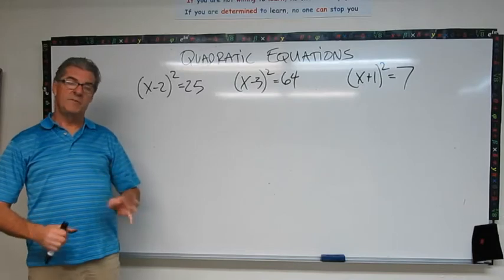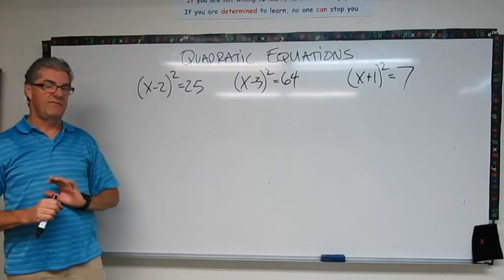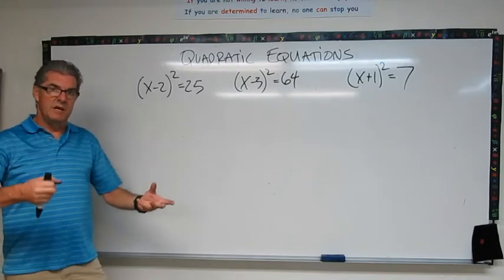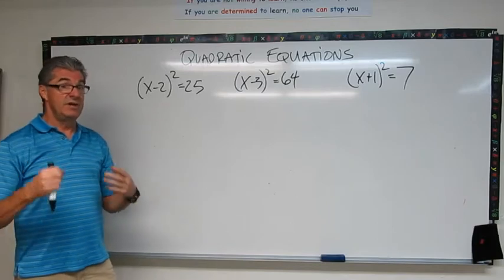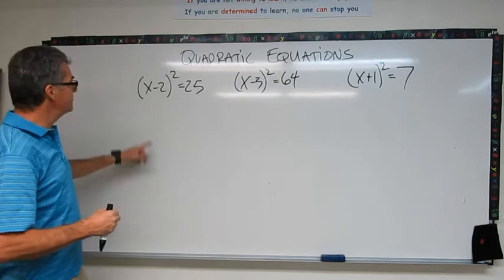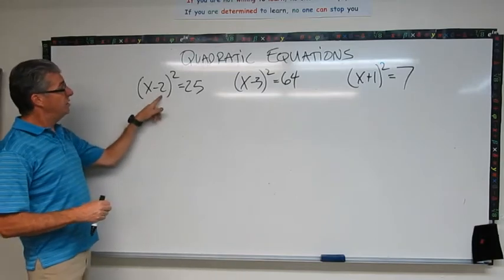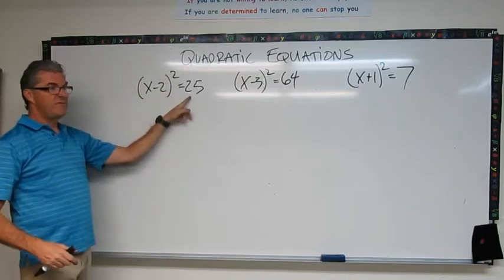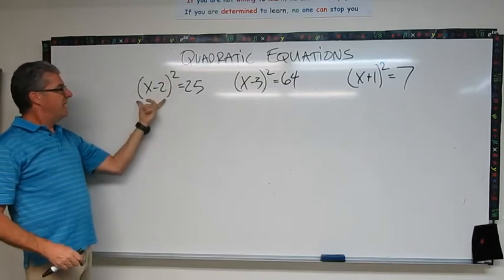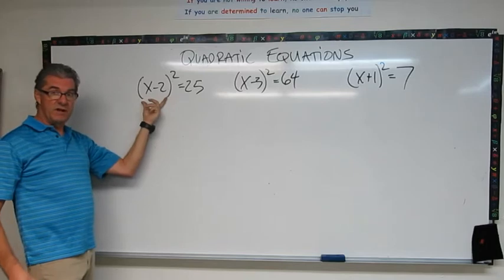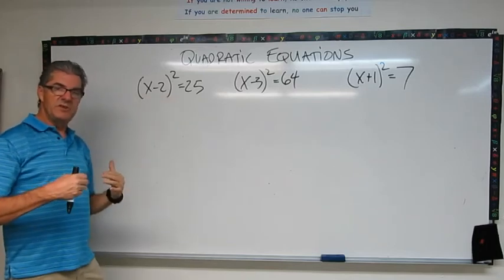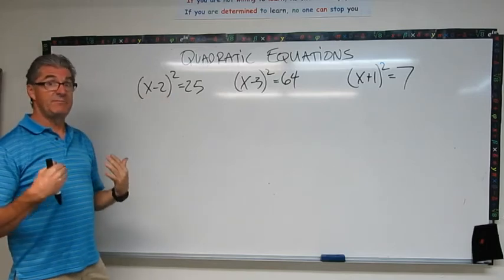Okay, 3 problems that are in a more complicated form. Same process, but just more picky algebra to keep track of. Okay, so first one. I have x minus 2 squared equals 25. So instead of just an x term, I have a binomial squared. But if you remember the technique we used last time, we just do the same thing.